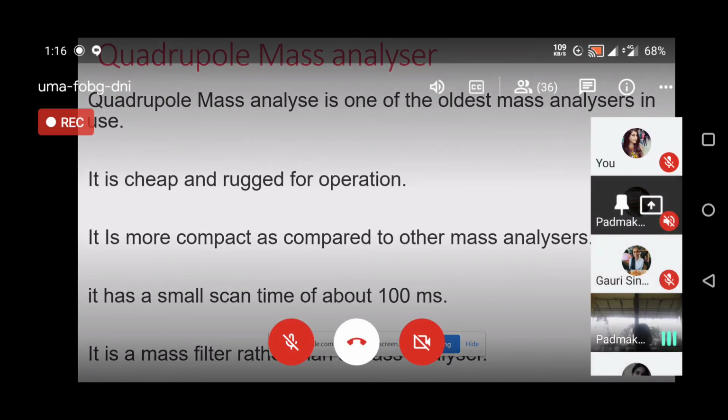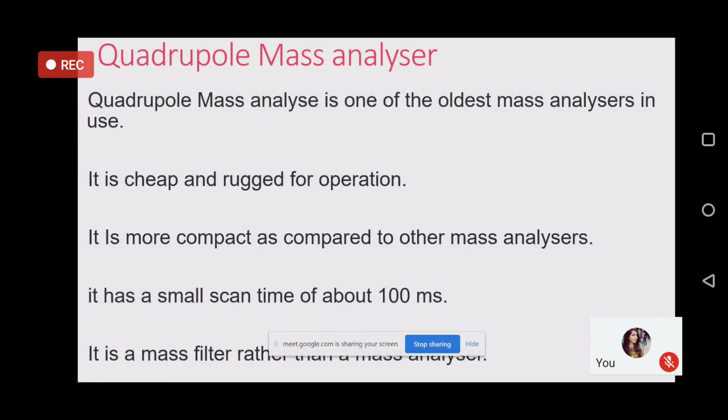A filter allows only a certain wavelength to pass through, and all other wavelengths are destroyed, they are absorbed, they are not able to pass through the filter. So other wavelengths are non-existent, and that is the reason why with the filter you cannot go on adjusting to different wavelengths, because there are no wavelengths available. All other wavelengths are absorbed, and only a particular bunch of wavelengths is allowed to pass through the filter.